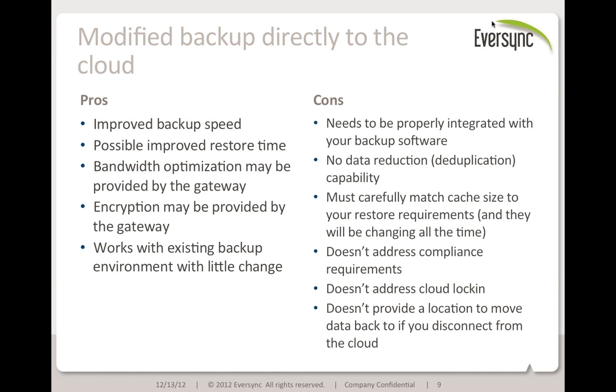So there does actually need to be a little bit of integration between your software and the gateway to make sure that they don't step on each other. A lot of gateways don't actually do data reduction. So they typically will do bandwidth optimization and encryption, but not necessarily deduplicate. So that's something you'd want to look for.